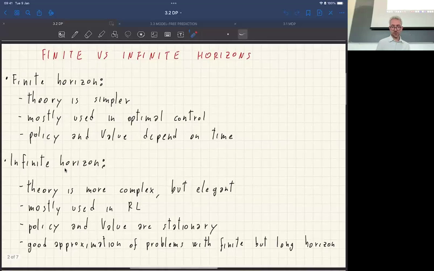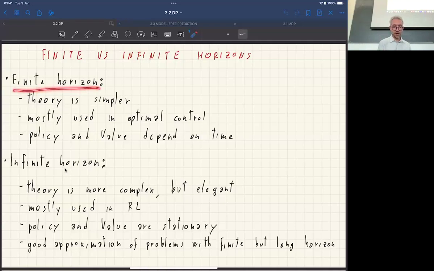Before we delve into the algorithm, let me first quickly discuss this issue here. In optimal control, we have been used to working with a finite horizon. Instead, now in reinforcement learning, we're going to switch to the infinite horizon setting because that's where all reinforcement learning or most reinforcement learning algorithms have been developed.